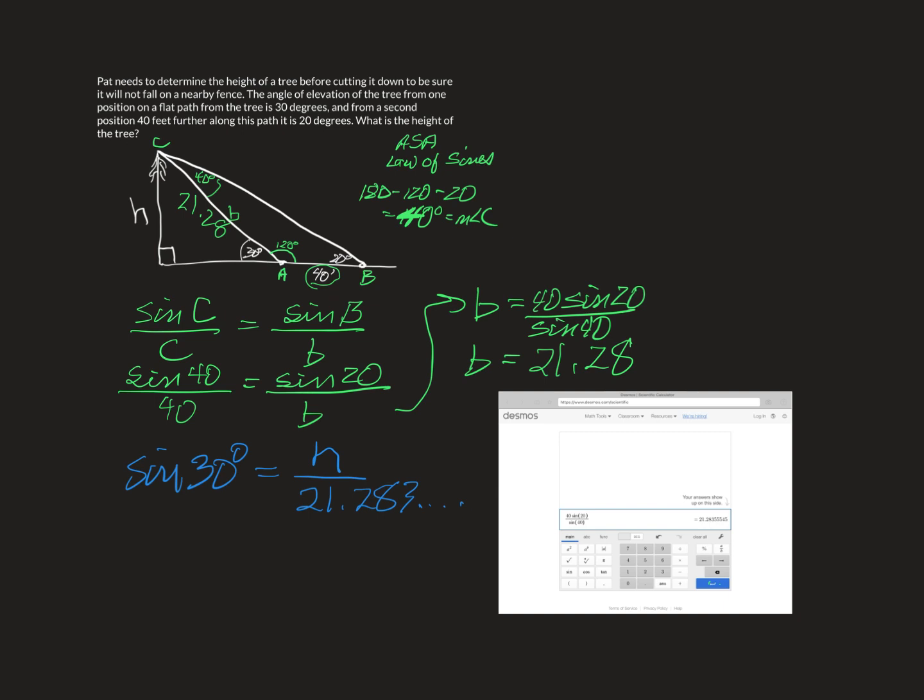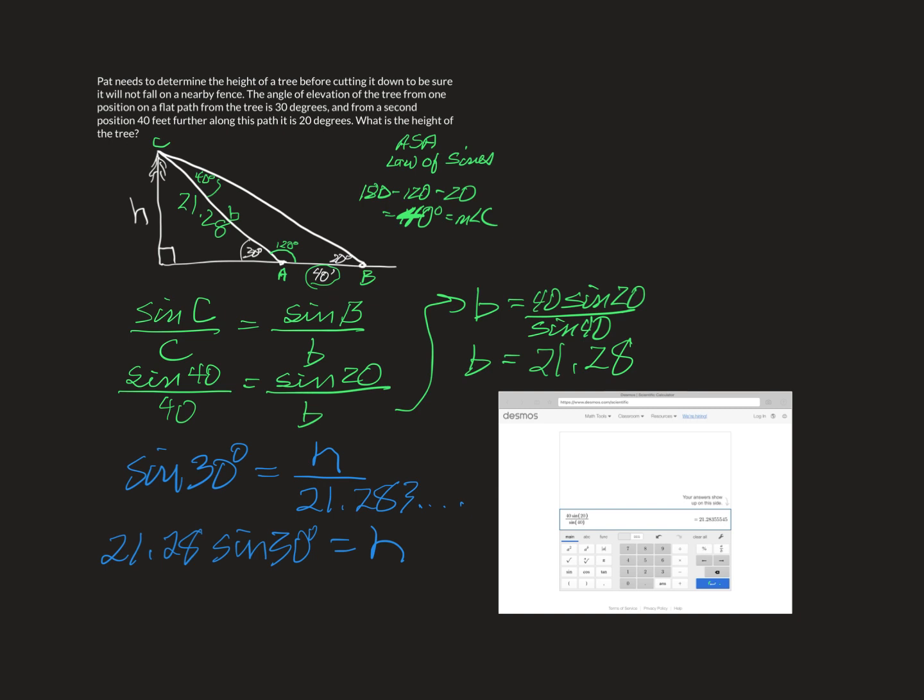Now, if I was using the Desmos Scientific Calculator, or I'm using my TI calculator, which is what I use, let me get this number on my calculator. Okay, so on my TI calculator, what I want to do to solve this problem is take the 21.28 sine of 30, but I don't want to introduce more round off error where I start getting more and more decimal places away from the actual answer.